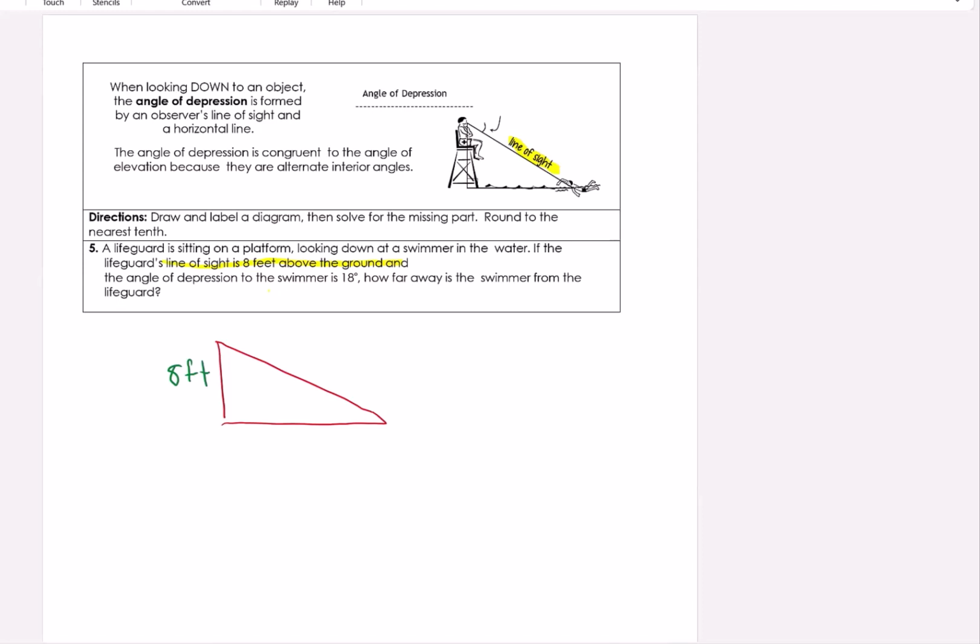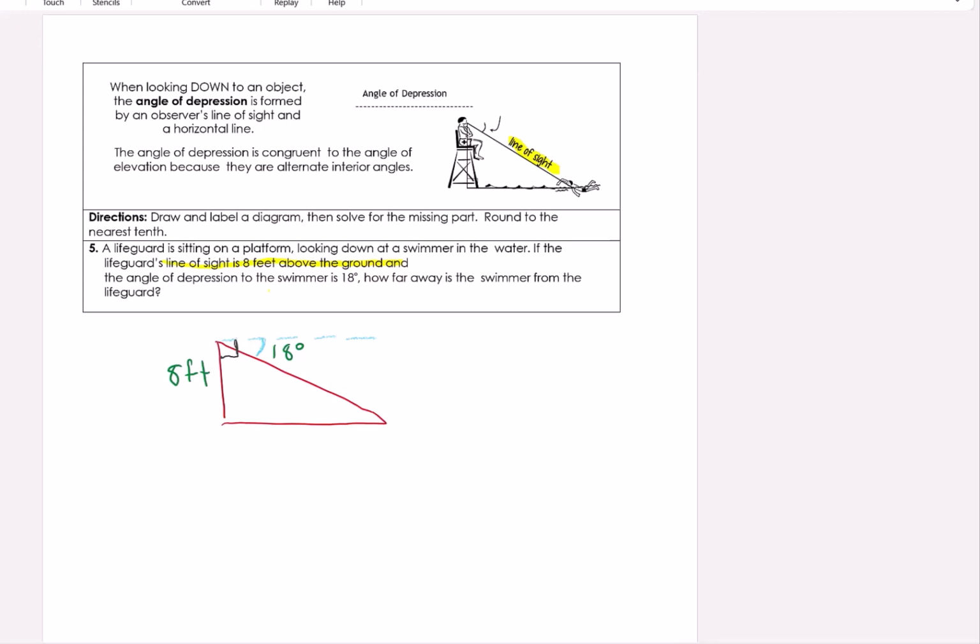Now, this is a little different. I'm actually sitting up here at the top, aren't I? When I look down, this is the angle of depression. If the angle of depression is 18 degrees, and I also know that this right here creates a 90-degree angle.